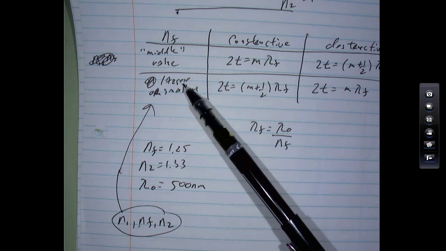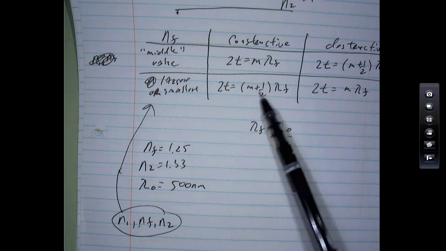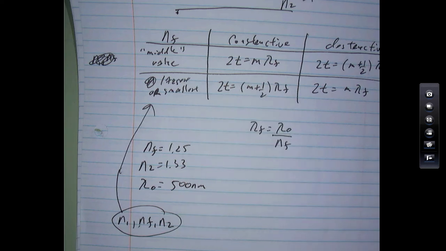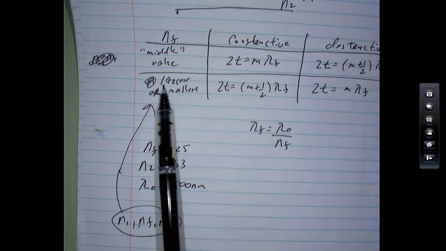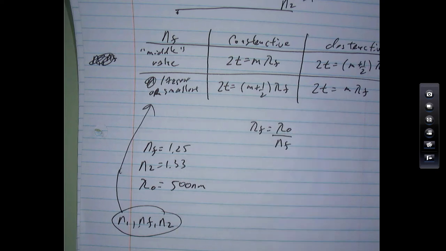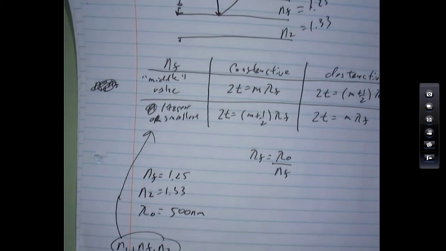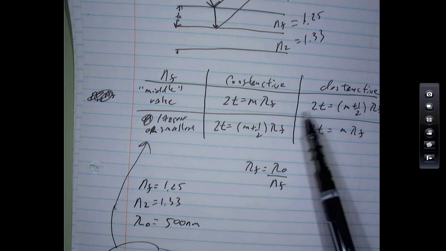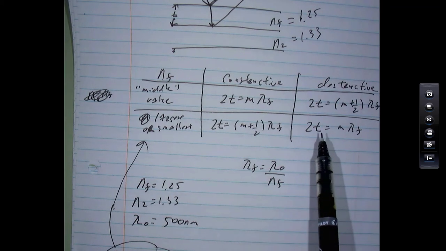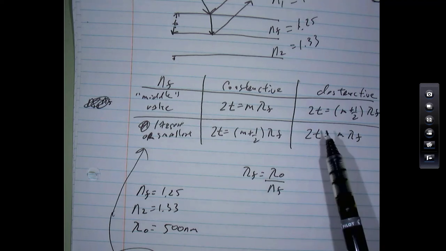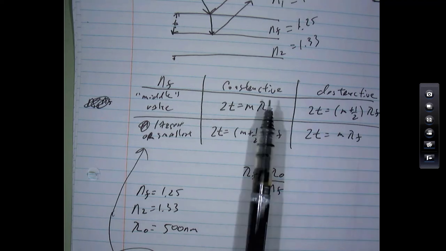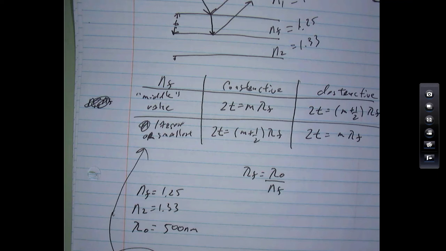Now if it's the smallest or largest, like for example, maybe this one's 1.25 and this one is 1, then it would be the smallest of the 3, and then you would use this row. So it definitely helps to have a little chart like this. The book has a similar chart. It just says something like, are there 1 or 2 or no phase changes? This is already built into my table that I have here.